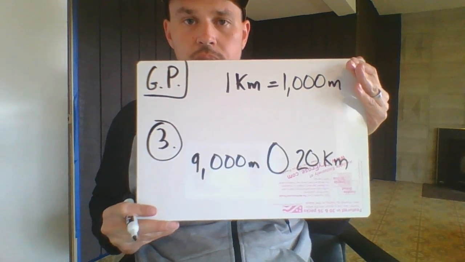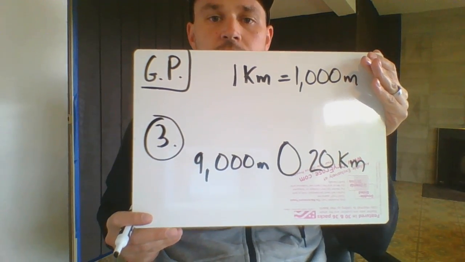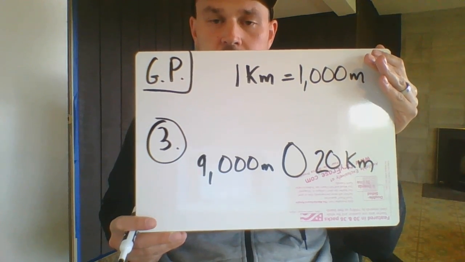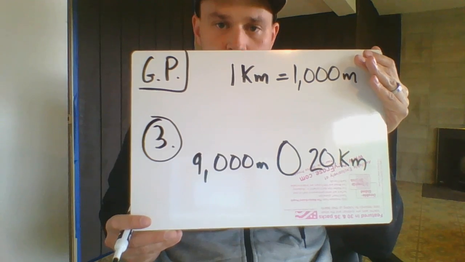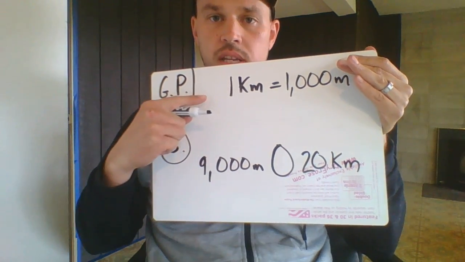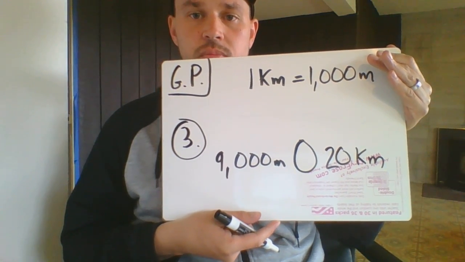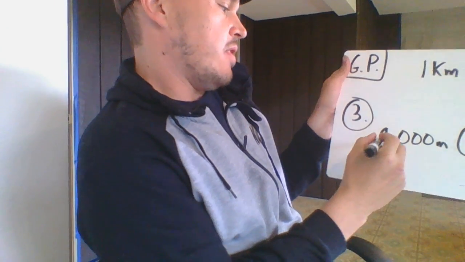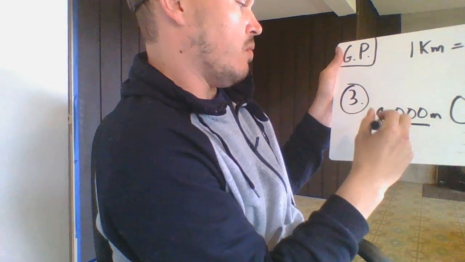Okay, so now we're comparing units. Now that chart you wrote on earlier, where I paused and said write it down in your notebook, you wrote down that 1 kilometer equals 1,000 meters. Now we're comparing meters to kilometers. We either have to change these both to meters or change them both to kilometers. So we know that 1 kilometer equals 1,000 meters. So I'm going to change them both to kilometers. So if I know that there's 9,000 meters, I know that 1,000 meters equals 1 kilometer.